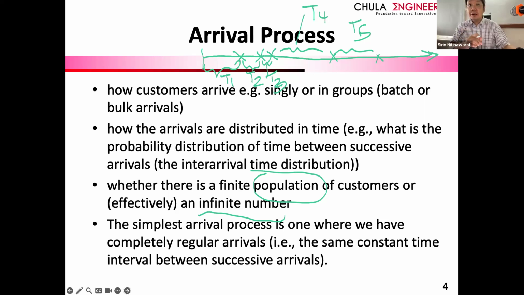But in realistic situations, that's rarely the case because having such a deterministic arrival process means all the incoming customers will have to coordinate themselves to come at such regular intervals. But in realistic situations, that will rarely be the case, right?